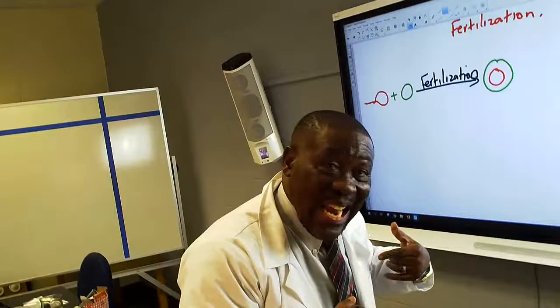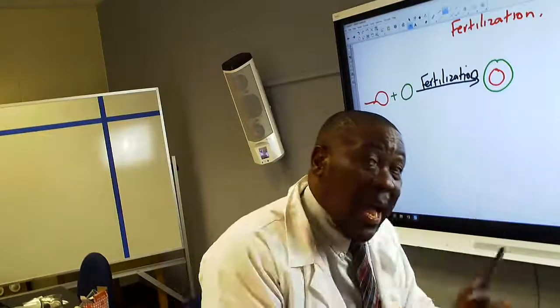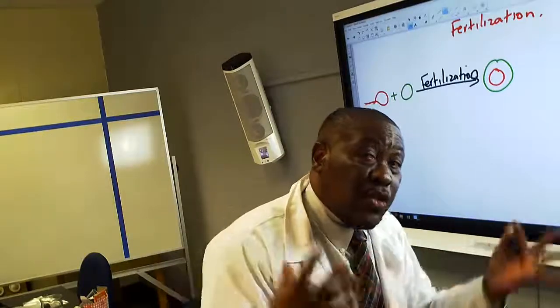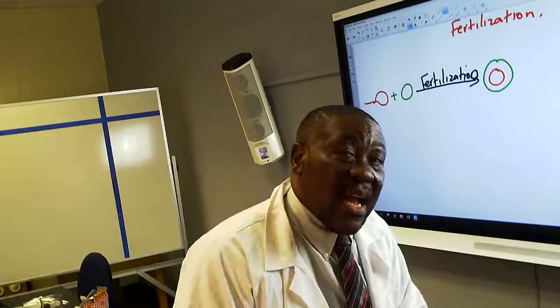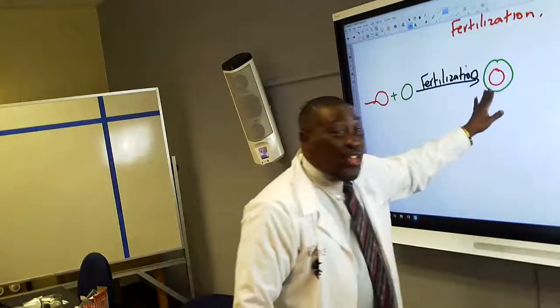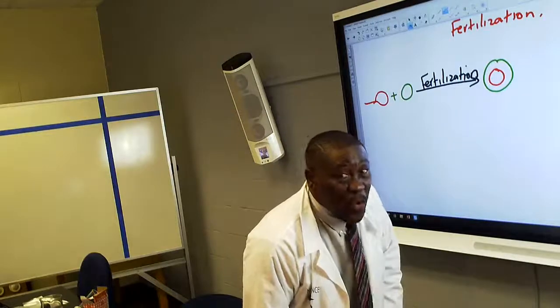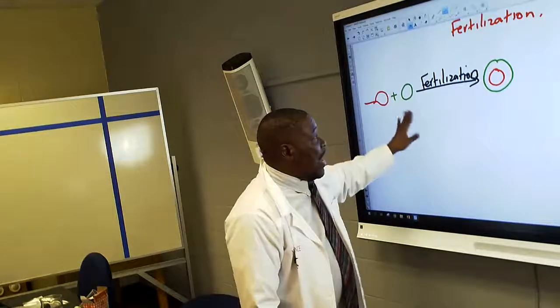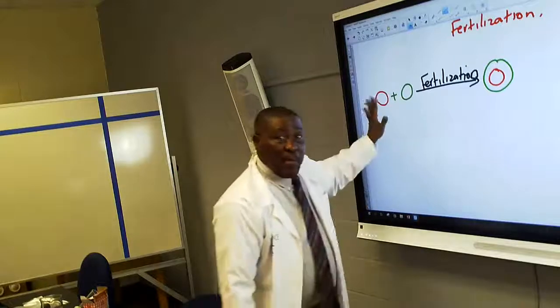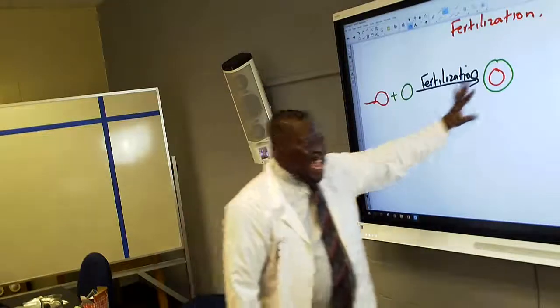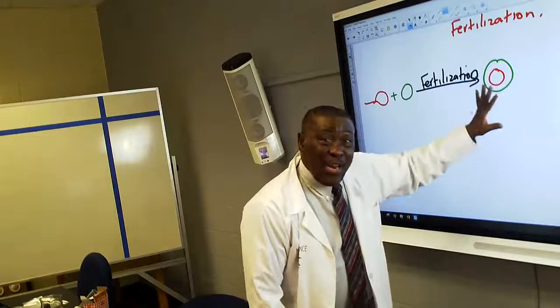The sperm head, which carries information about you or your future children, enters the egg. This is not a sperm anymore. This is not an egg anymore. Notice the egg is all green and the sperm is all red. Now here is a combination of red and green.